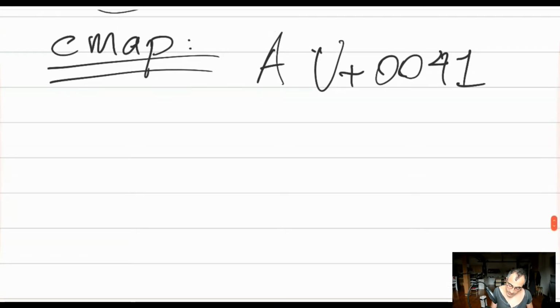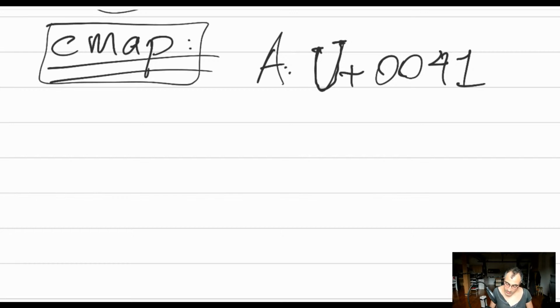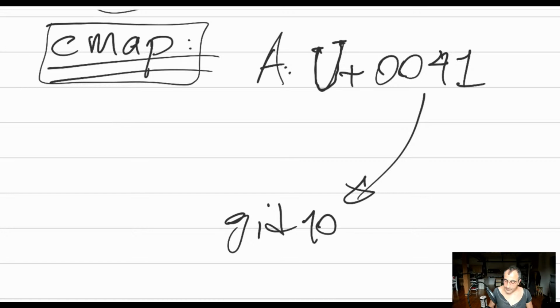And this is a notation, U plus. This is the notation to specify a Unicode code point. When you get to a font, the first thing the font does in using the CMAP table is it says, oh, U plus 0041, I use GID 10 for it. That mapping is in the CMAP table.